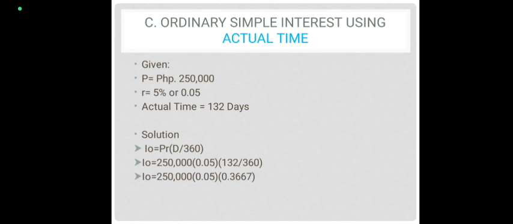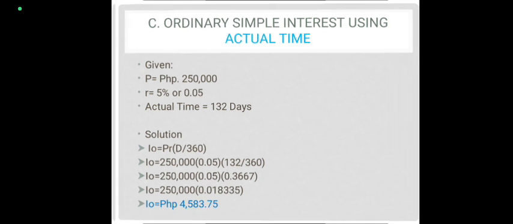So we need to multiply it by 0.05, giving a total of 0.018335, and we'll just multiply it again with 250,000, which is our principal. So we get the ordinary simple interest 4,583.75. So that is our ordinary simple interest using actual time.